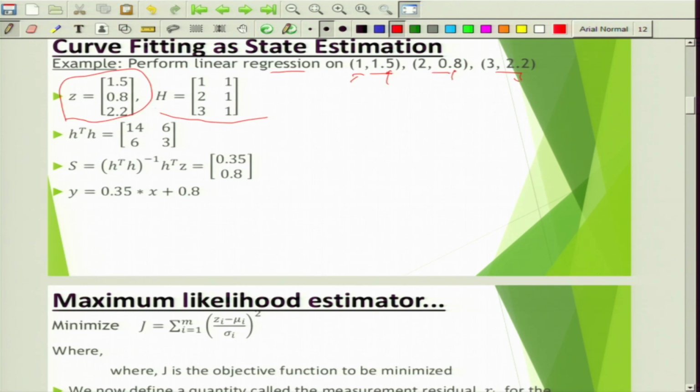So this measurement is taken at a specific condition where that value of that function matrix is 2, similarly 3. So the function matrix you get is H equal to [1 1; 2 1; 3 1]. Now you do H transpose H, then the inverse of H transpose H, then H transpose into Z, and you will get the state matrix, that is 0.35, 0.8.